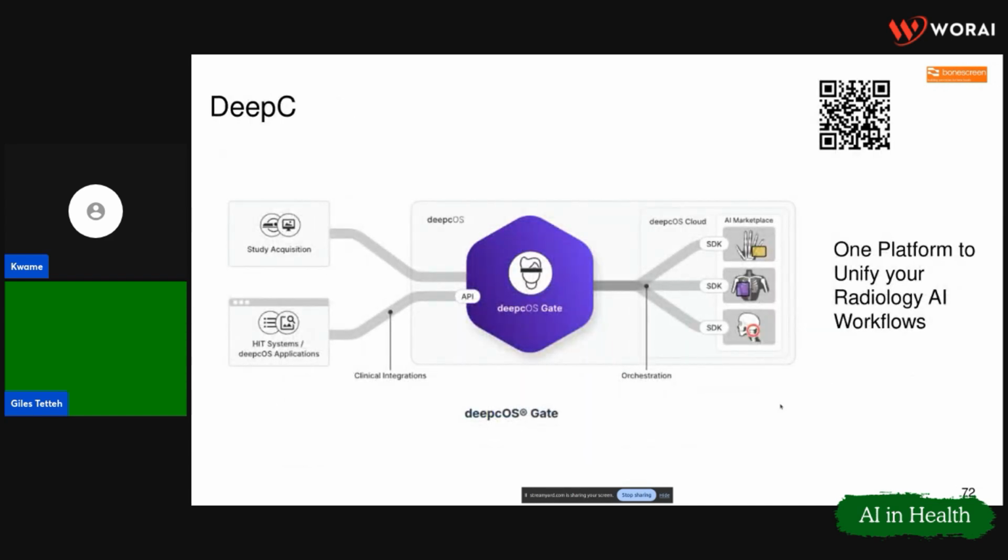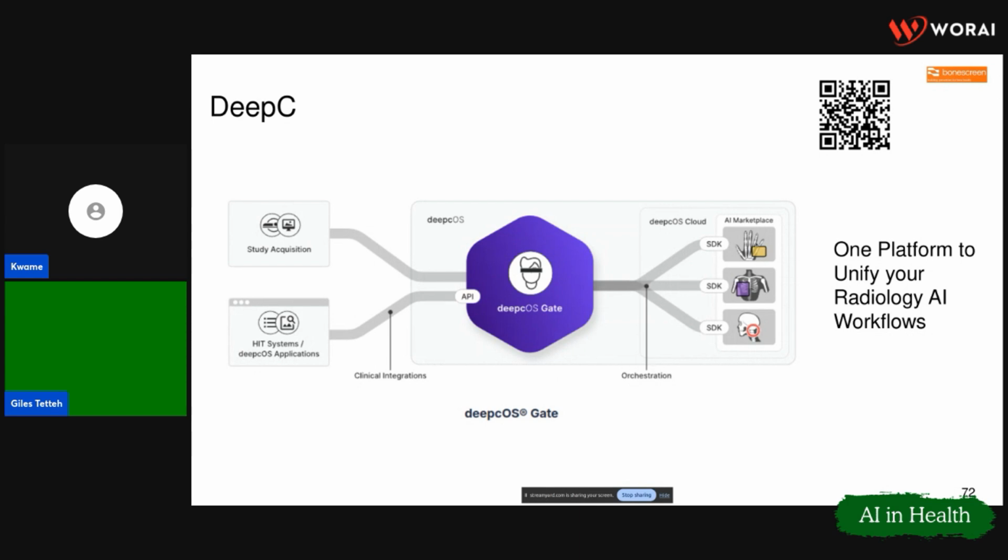Then finally, we have what we call Deep Sea. So this is also another startup. And here, Deep Sea provides what we call a framework. Similar to the one I said we would publish later, they provide a platform which already integrates into the hospital system, and it allows different models to be integrated into the hospital system. Some of them are their own models. They also integrate third-party models, and then they provide a platform.